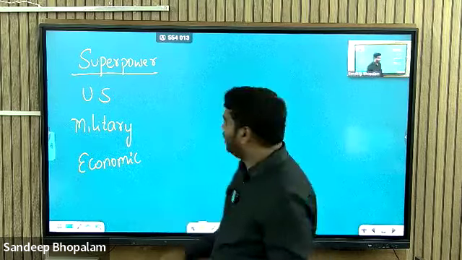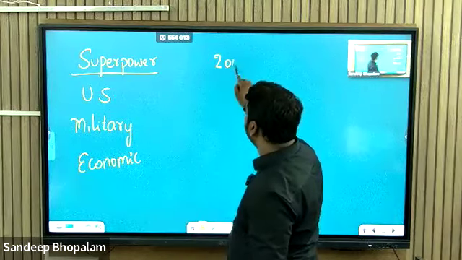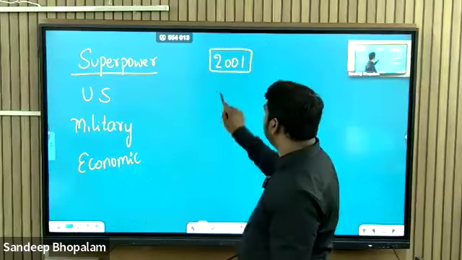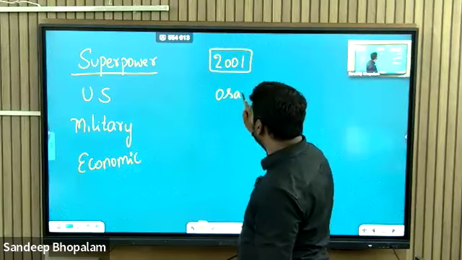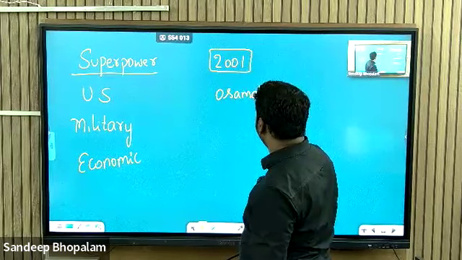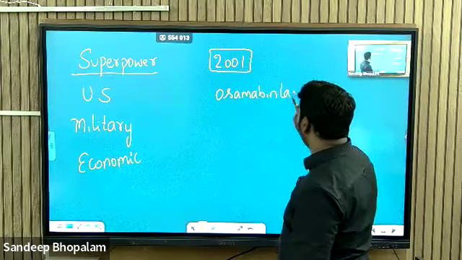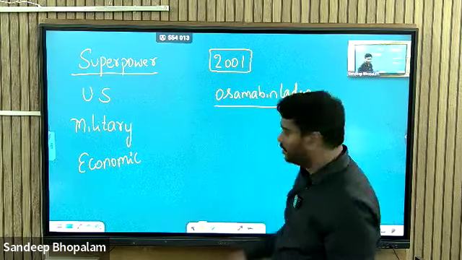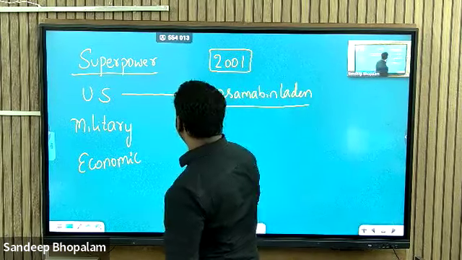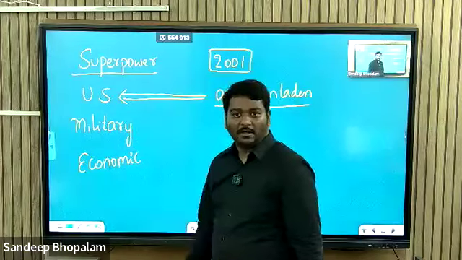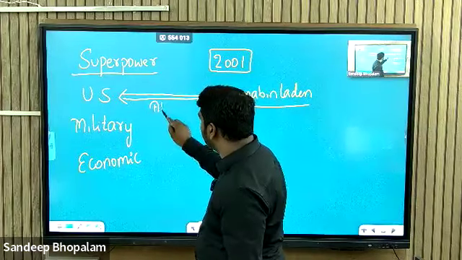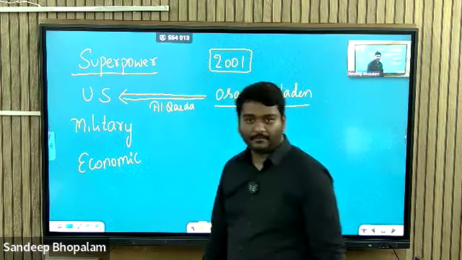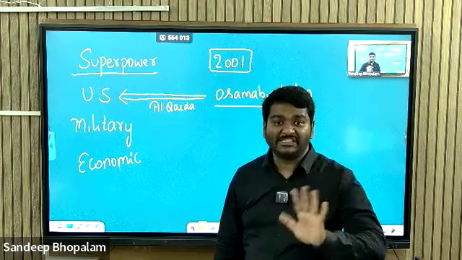Now what happened? Year 2001. A person by name Osama bin Laden attacked the US, and his organization is called Al-Qaeda. He doesn't belong to any state.